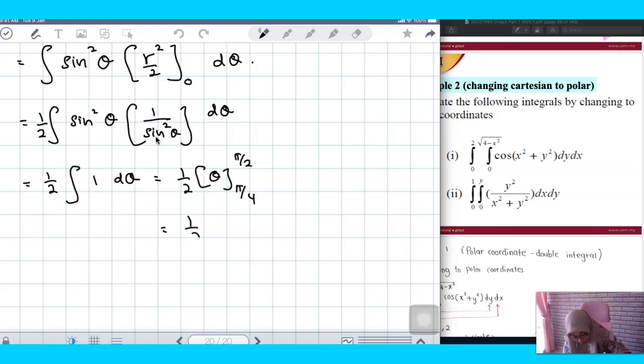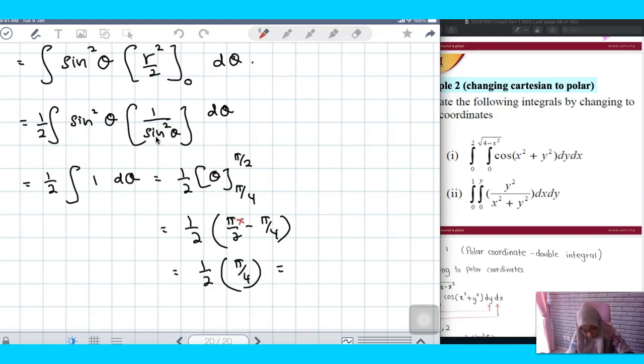So 1 over 2 times pi over 2 minus pi over 4. So 1 over 2 times pi over 4, isn't it? We have to multiply by 2, 2 pi minus pi will give you pi, and we have pi over 8.